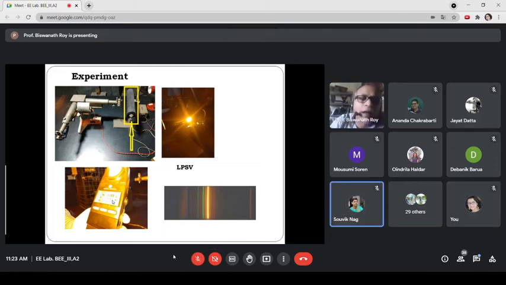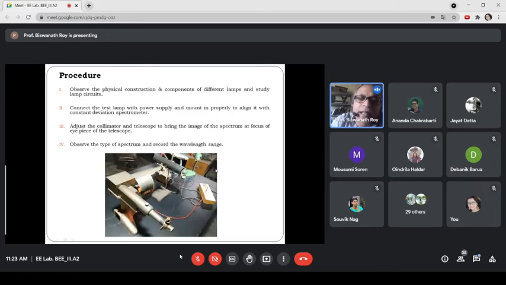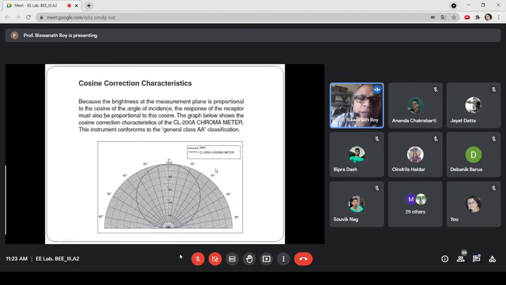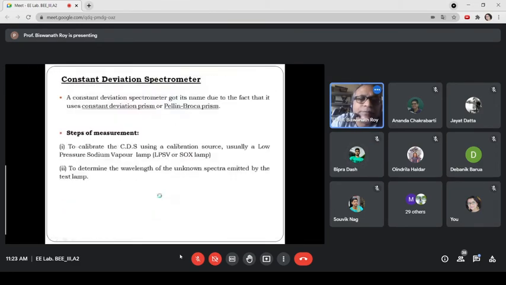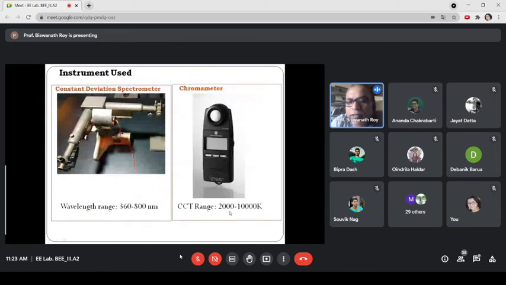So this is a dot. No data is given by the chromometer because the chromometer fails to measure the CCT of a low pressure sodium vapor lamp. The reason is that the range of the chromometer is 2000 Kelvin to 10,000 Kelvin, and the CCT of the low pressure sodium vapor lamp is 1800 Kelvin.